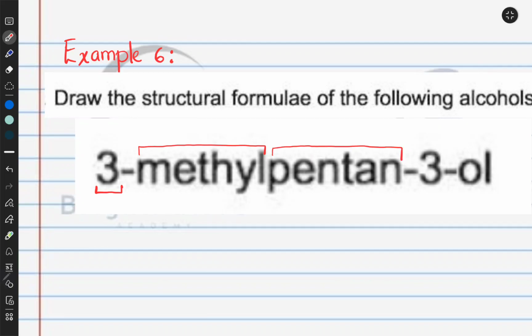Okay, and then this tells us the location of our hydroxyl group. Then this tells us how many hydroxyl groups we have, which is only one. That's why it's only OL and not di-OL or tri-OL. Okay, so that's one thing you must always remember.